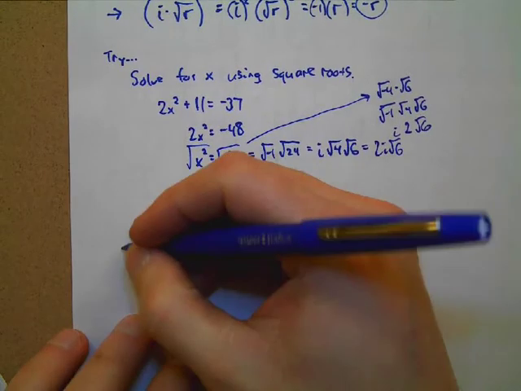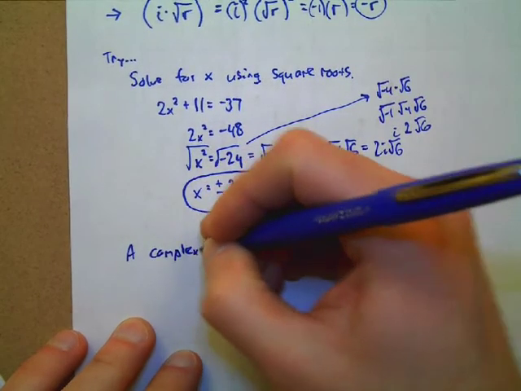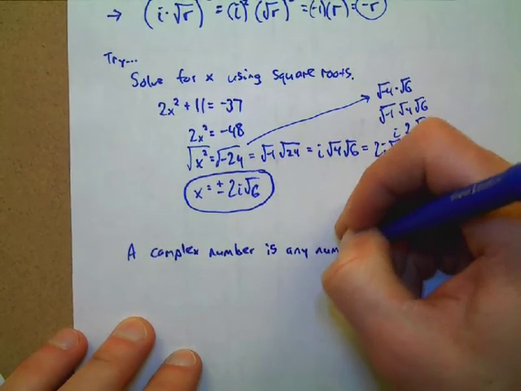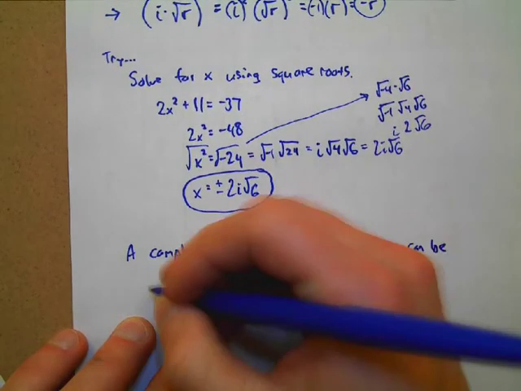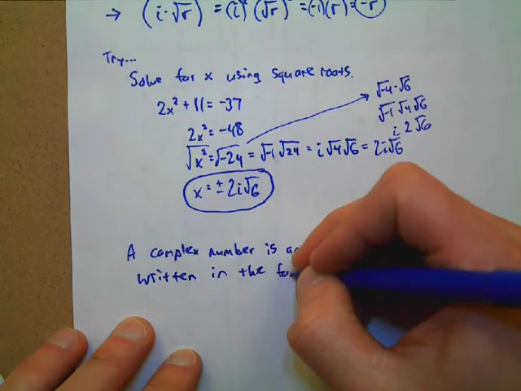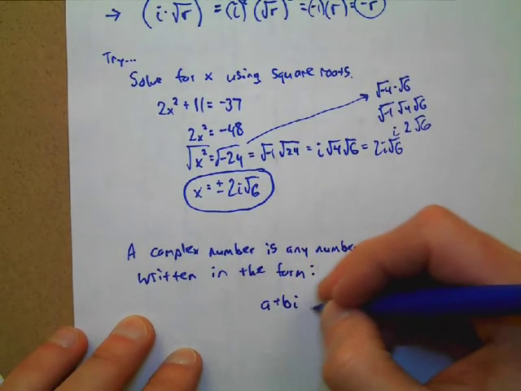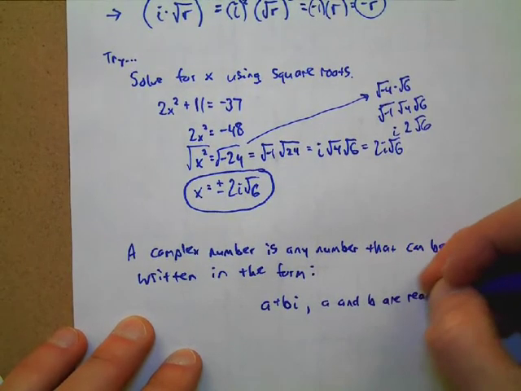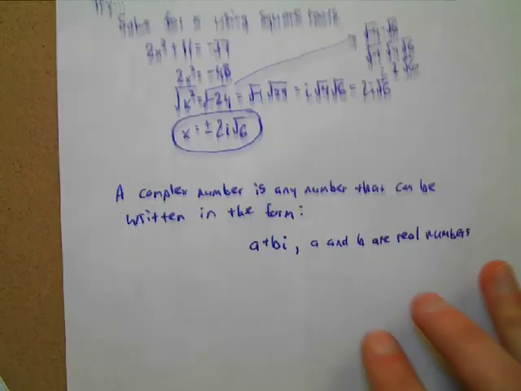A complex number is any number that can be written in the form A plus BI, where A and B are real numbers.